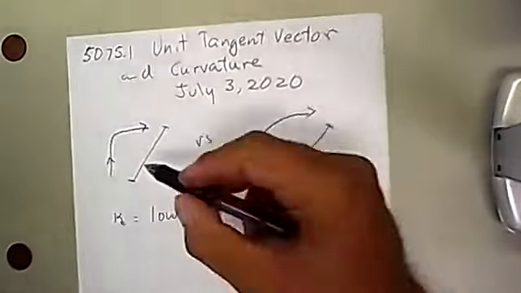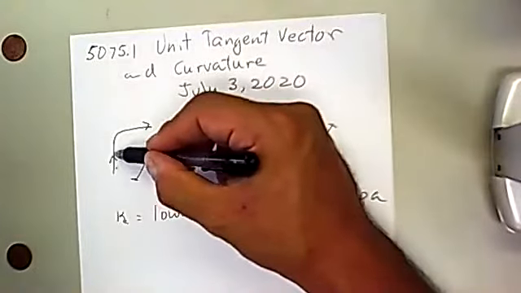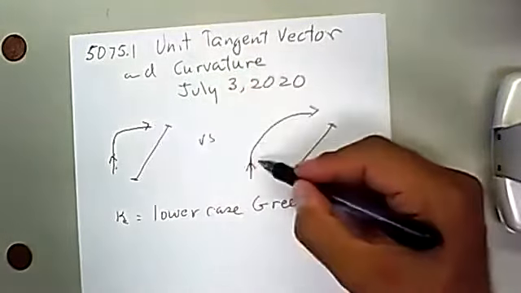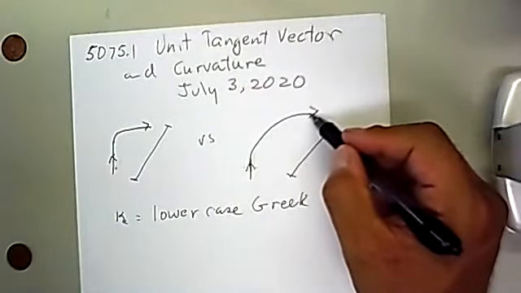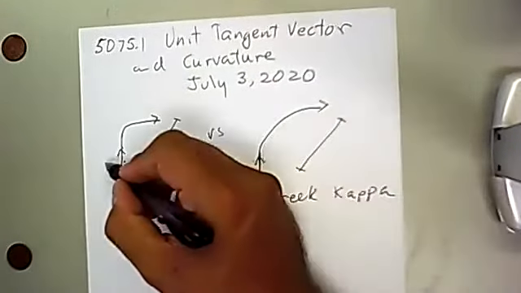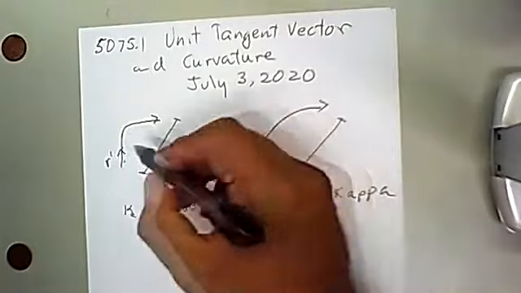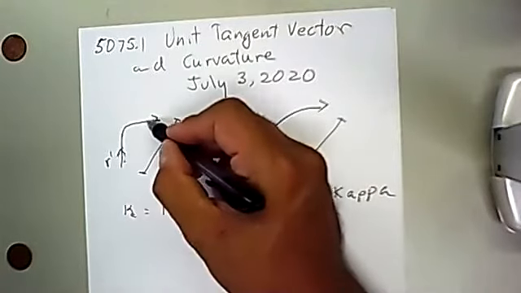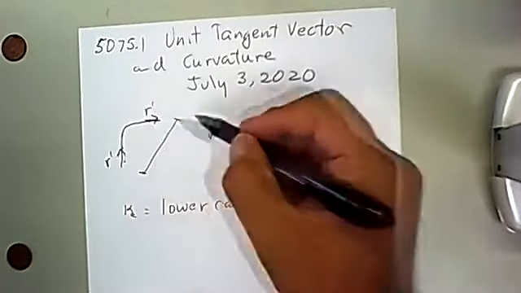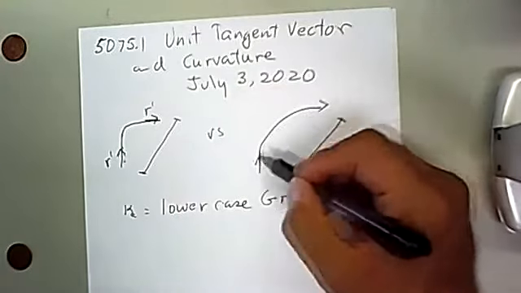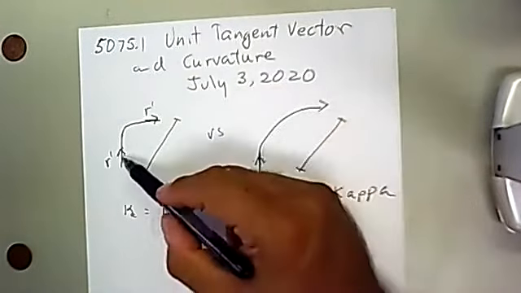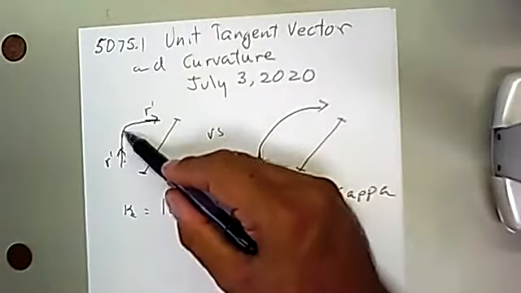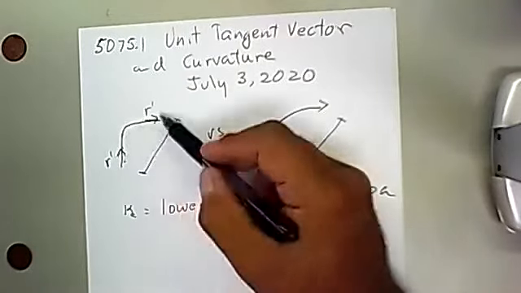So the direction that a curve takes at any given point is given by r prime. So r prime is this vector, and so is this vector, that would be r prime. Same thing here. So the question is how fast r prime changes with respect to the length of the curve itself.